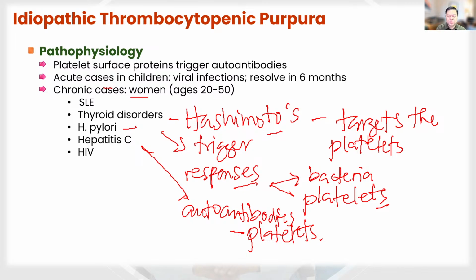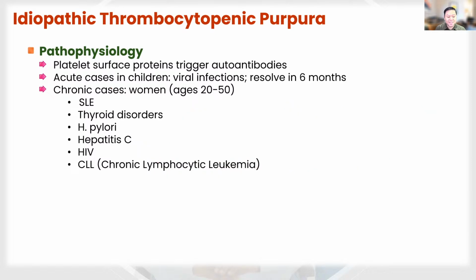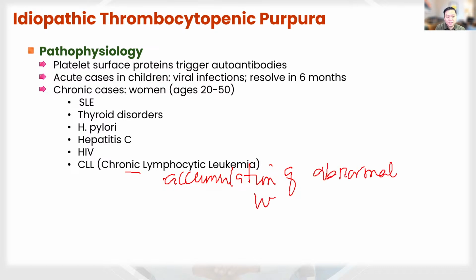And then we also have the chronic lymphocytic leukemia, known as the CLL. Okay, so what is this CLL? This is basically abnormal lymphocytes, abnormal white blood cell production. So this is going to accumulate in the bone marrow. Accumulation of abnormal white blood cells in the bone marrow.